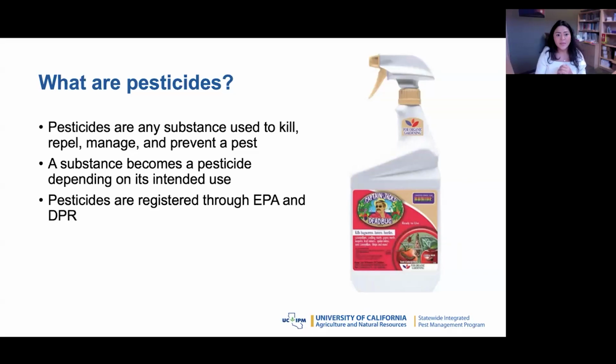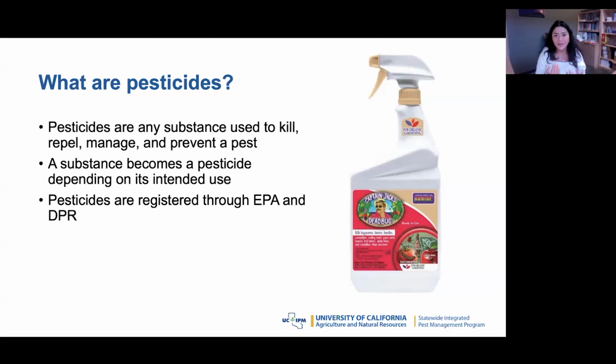Typically pesticides are registered through the EPA and go through a regulatory process. However, sometimes they're not registered through the EPA and they're known as 25B products or have some other exemptions. But I like to remind people that a substance becomes a pesticide depending on its intended use.